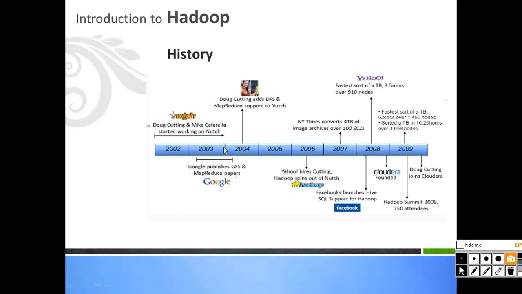So when Google published the papers, this gentleman called Doug Cutting was working for a company called Lucene. He was working on a project called Nutch, and he was developing a search engine.